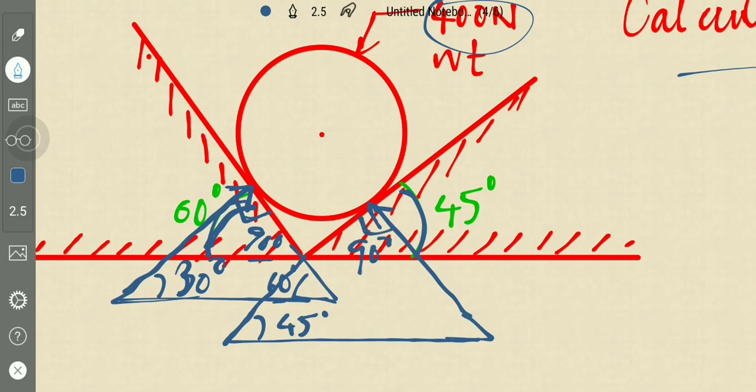So 90 plus 45 is 135 degrees, and 180 minus 135 is 45 degrees. We have got the angles.